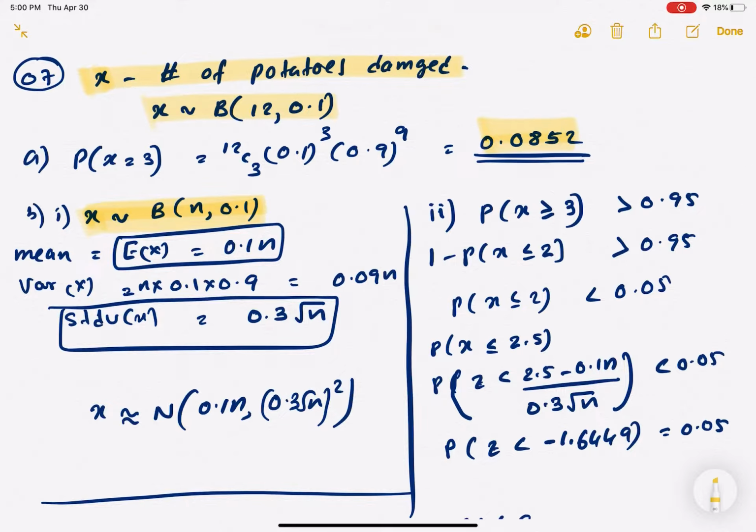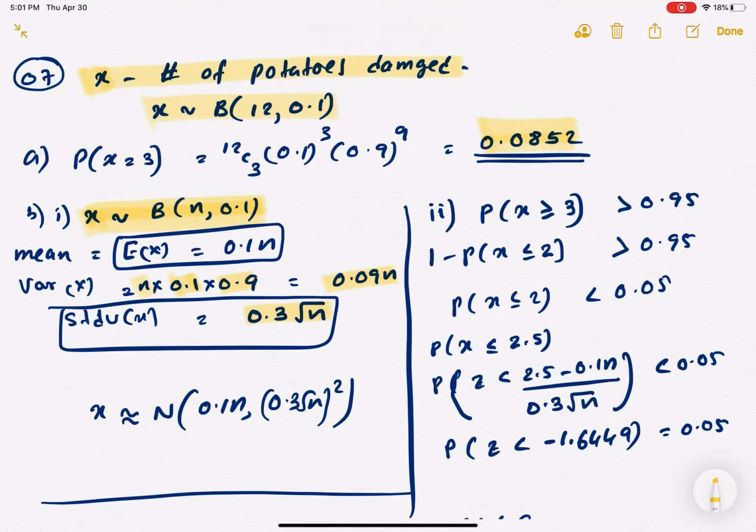This expected value of a binomial distribution is np, n is n and p is 0.1. Therefore E(X) is 0.1n. The variance is np into 1 minus p. That is why I multiplied np(1 minus p), which gives me 0.09n. And you also know that the standard deviation of x is the square root of the variance of x. Therefore this is equal to 0.3 root n.